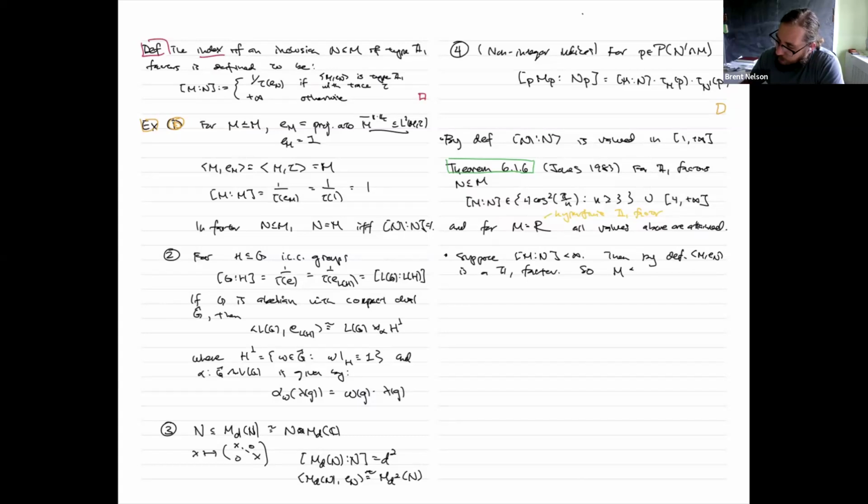So we can consider M sitting inside of the basic construction, and this is another inclusion of II_1 factors. So we can construct the same objects for this inclusion as for the original inclusion.